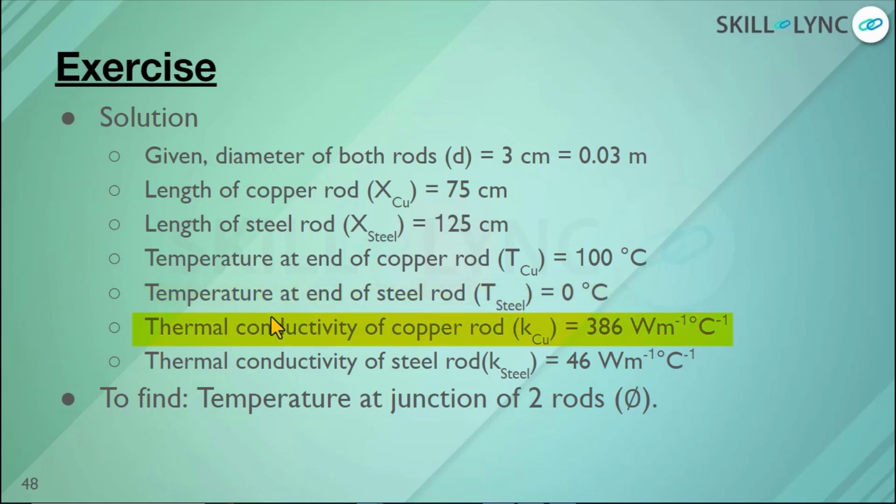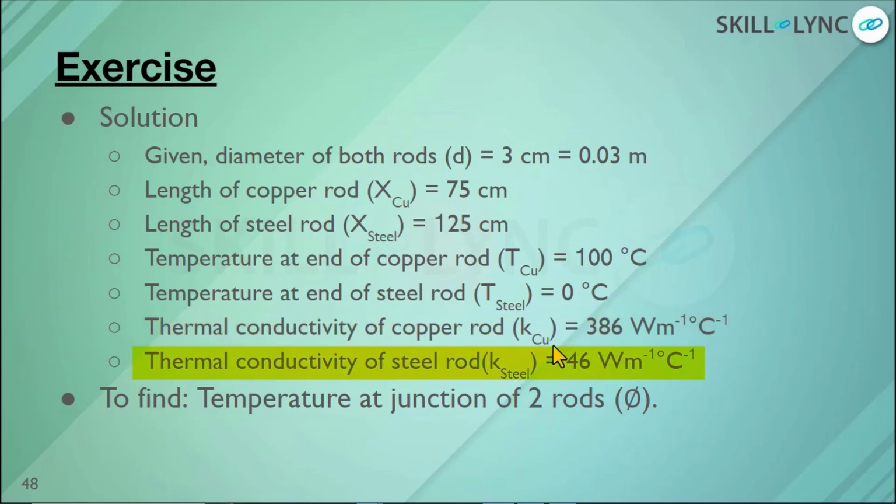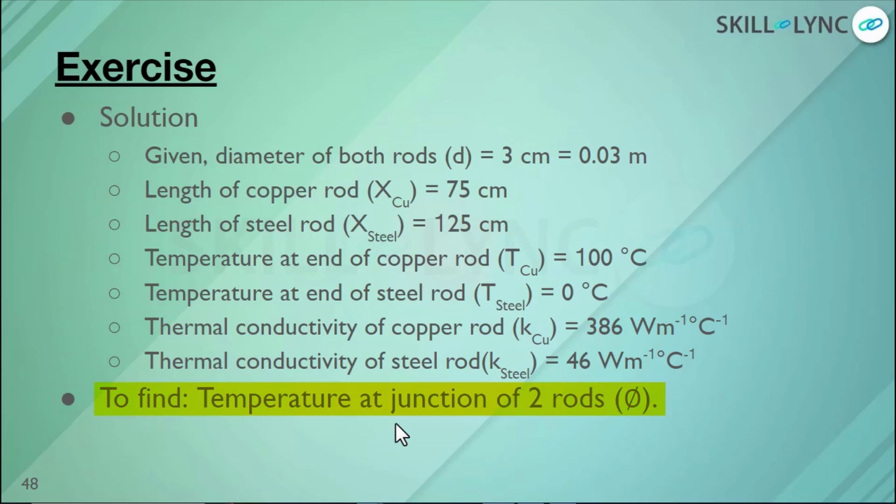Also, the thermal conductivity of the copper rod is given as 386 watt per meter per degree Celsius, denoted by K_Cu. The thermal conductivity of the steel rod is given as 46 watt per meter per degree Celsius, denoted by K_steel. What we need to find is the temperature at the junction of the two rods. Let us denote that as phi.